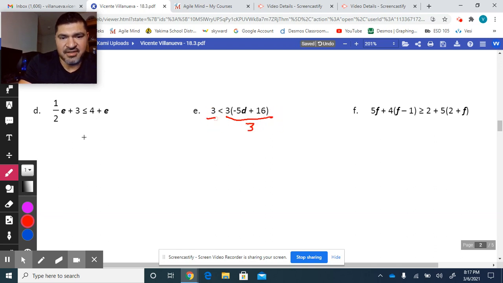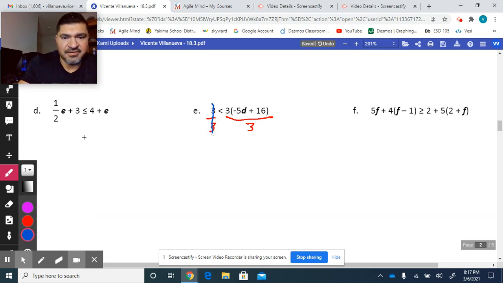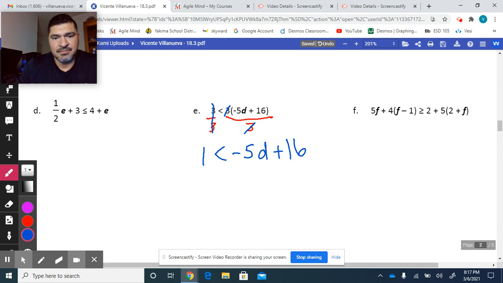So I'm going to divide this whole side by 3 so I can get rid of this 3. And what I do to one side, I got to do to the other side. Okay, 3 divided by 3 is 1, is less than, and then 3 divided by 3 is 1. And so these 3's will cancel each other out, and I'm left with negative 5d plus 16. Now remember, the goal to solving equations is we got to get this variable all by itself. And I've got this plus 16, I got this multiply negative 5.